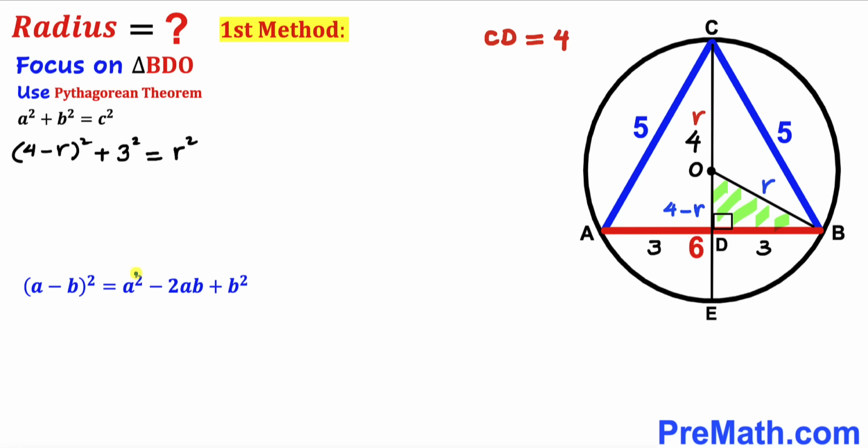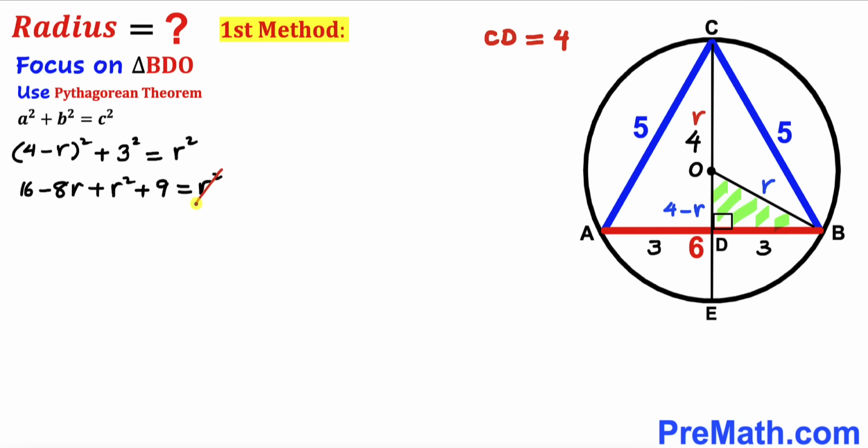Now let's recall this famous identity: (a minus b) squared can be written as a squared minus 2ab plus b squared. We are going to apply this identity on this binomial on the left-hand side of this equation. So we are going to get 16 minus 8r plus r squared plus 9 equals r squared.